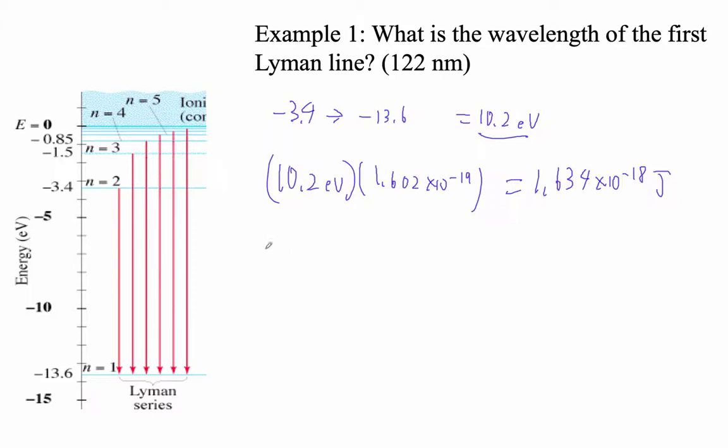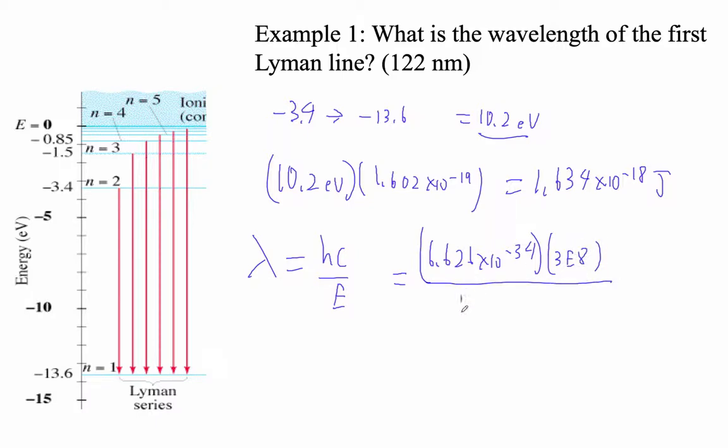And then, let's see, the wavelength is hc over E, right? Because E is hc over lambda, so I just switched them. So the wavelength is 6.626 divided by this 1.634. You could use that shortcut formula too. All right, here we go.